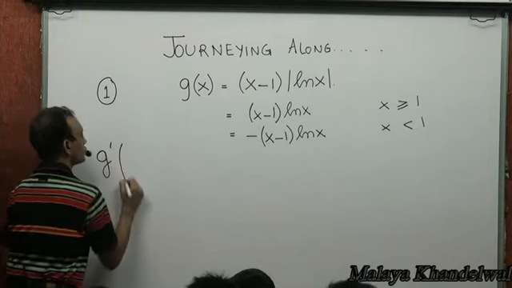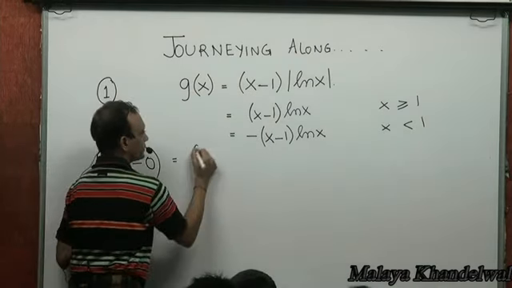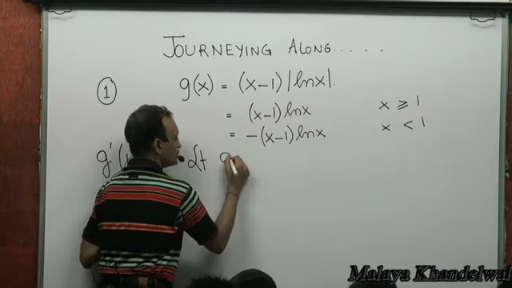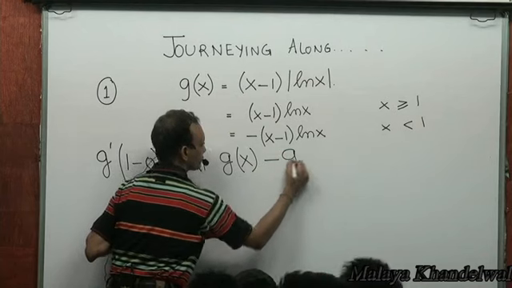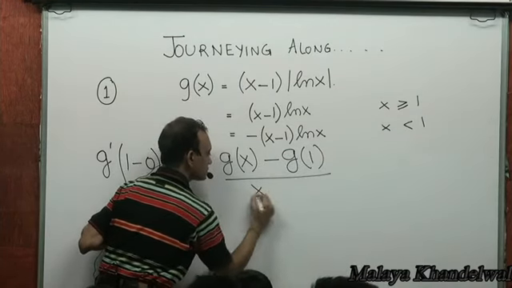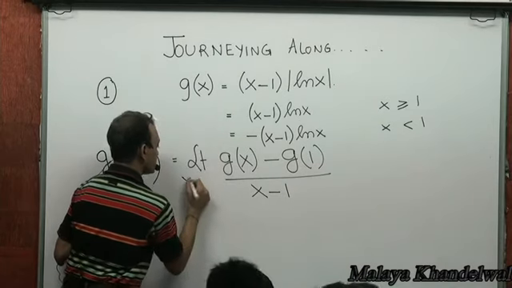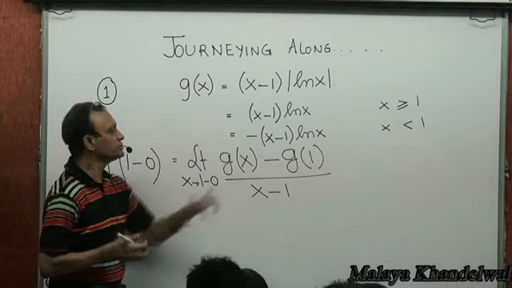G dashed 1 minus is going to be limit of (g(x) minus g(1)) by (x minus 1) as x tends to 1 from the less than 1 side. g(1) is 0.